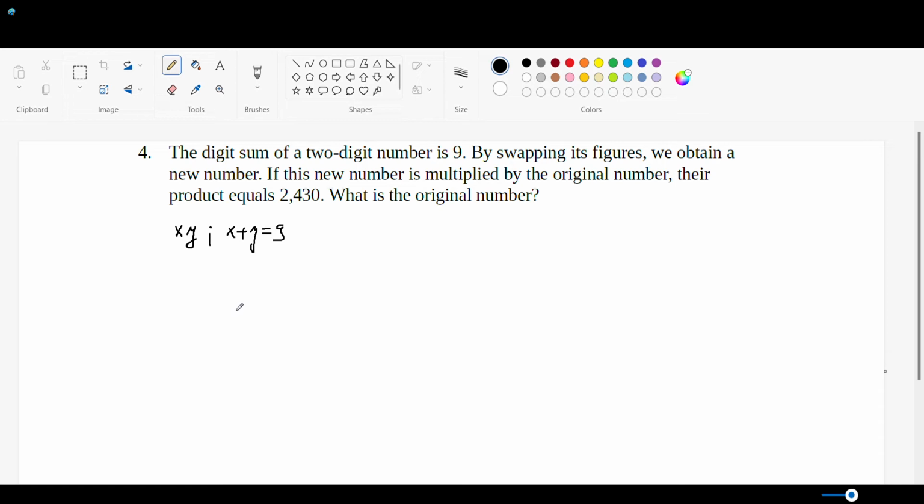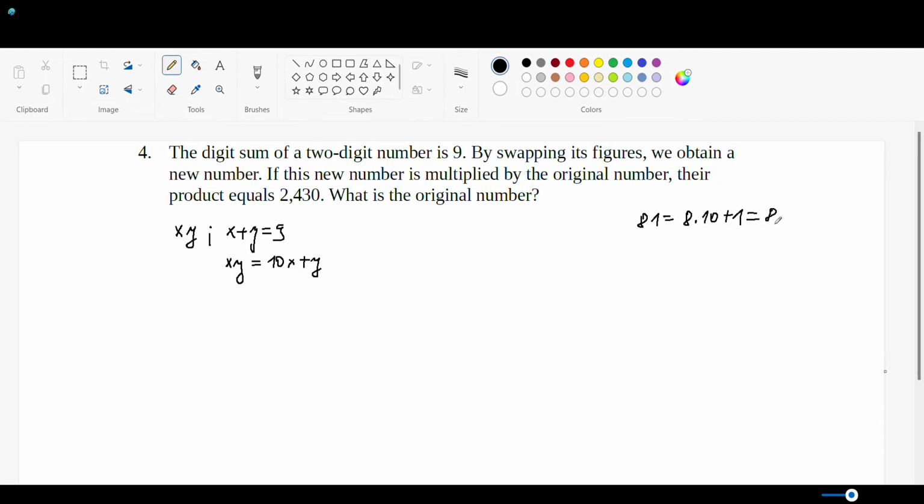Now comes a little bit tricky thing, and we have to realize that our two-digit number xy can be written like 10x plus y. Where is it coming from? So let's have a look, for example, on number 81. Number 81, based on this expression, can be written as 8 times 10 plus 1.